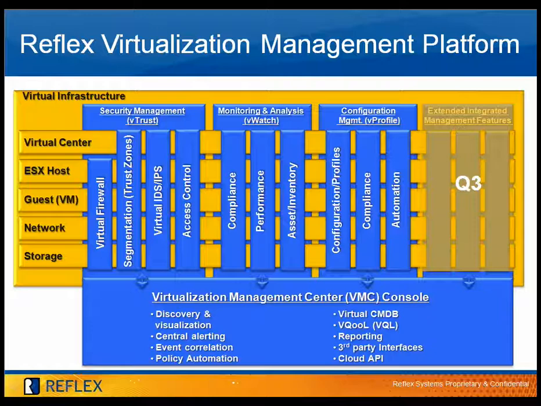For example, the hypervisor. In the case of VMware, we're talking about ESX or ESXi, but the hypervisor adds a new layer of infrastructure. And then, of course, the management console for the hypervisor, in the case of VMware, we're talking about Virtual Center, adds yet another layer to that infrastructure.